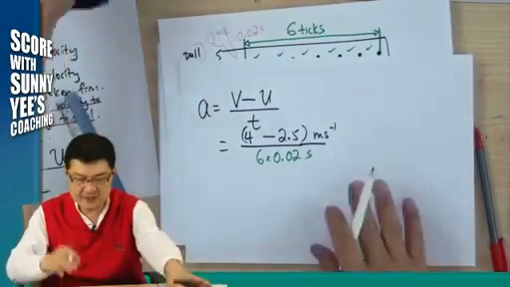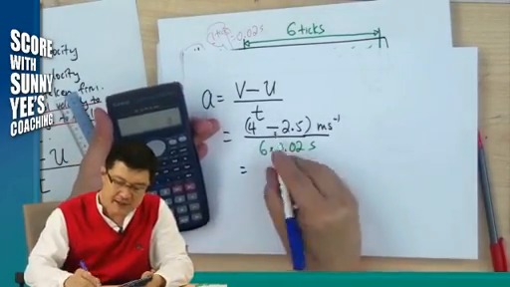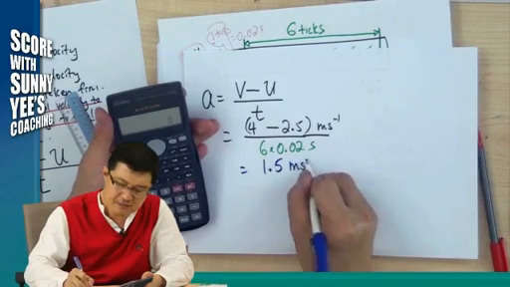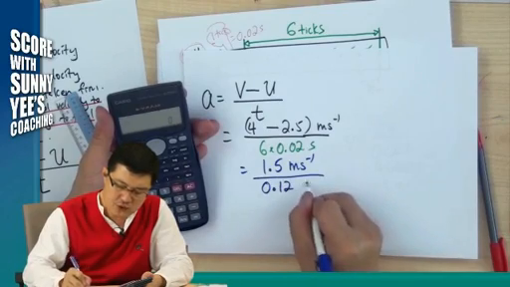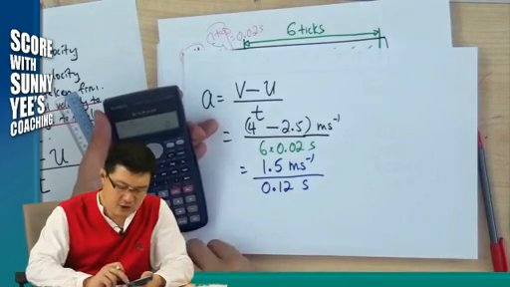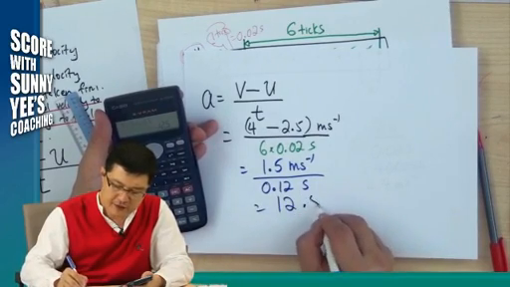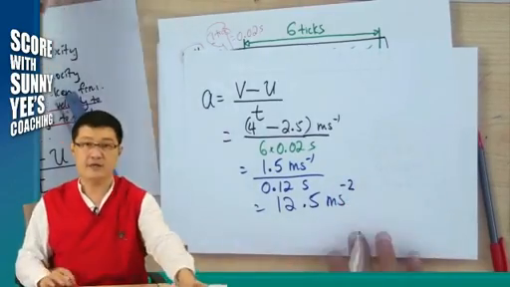So now this will give you 4 minus 2.5, which is 1.5 meter per second, divided by 0.12 second. And now I divide 1.5 by 0.12. This will give you 12.5 m/s².